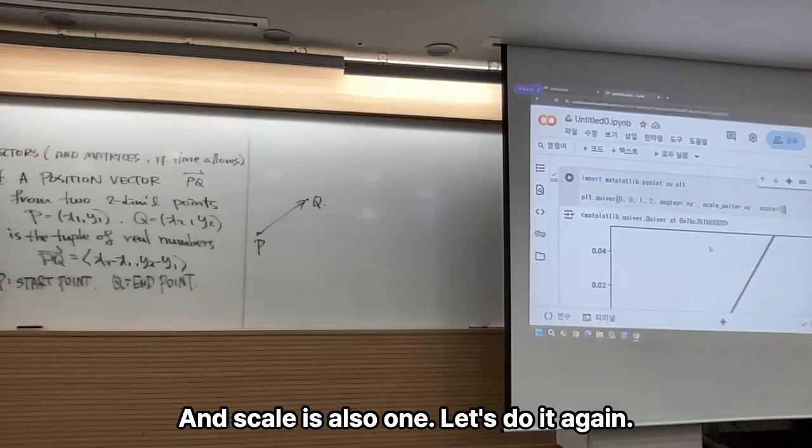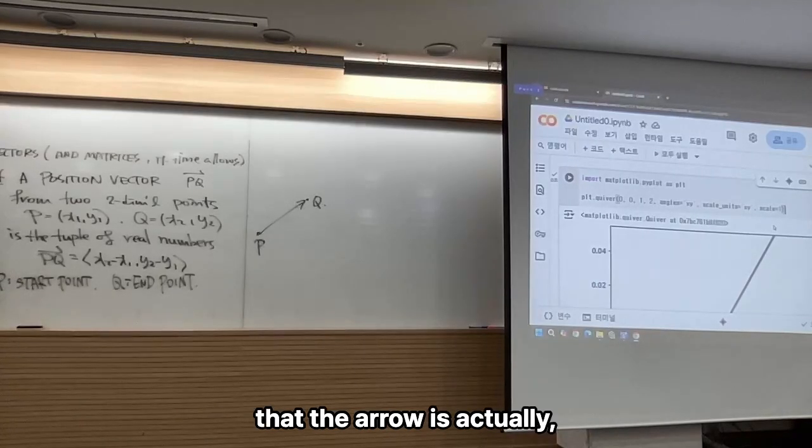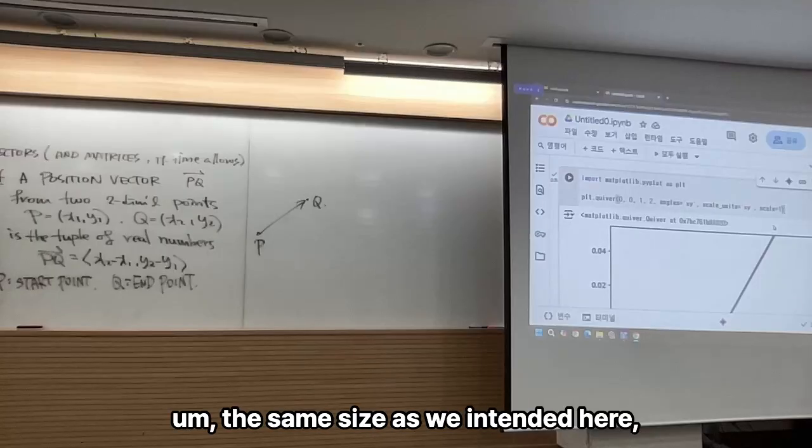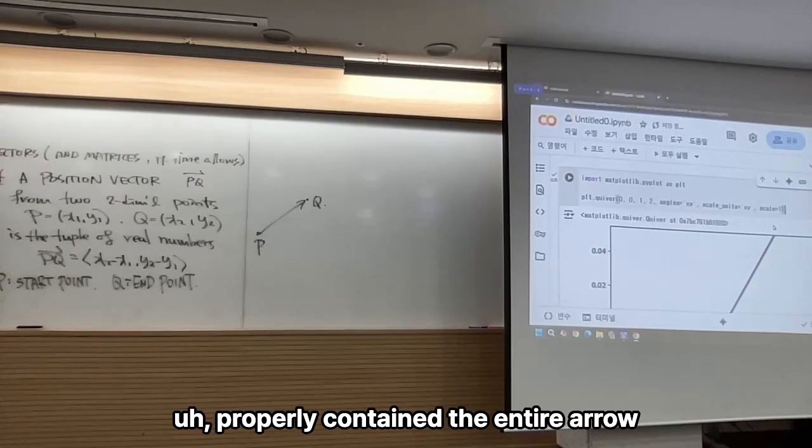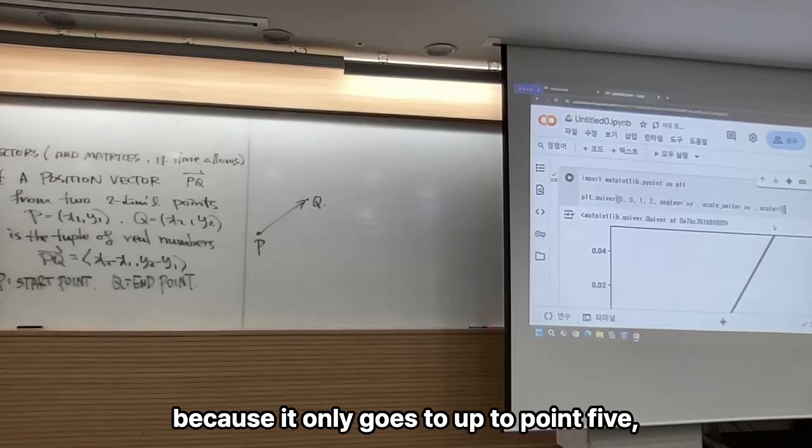Let's do it again. Now you can see that the arrow is actually the same size as we intended, but the screen size does not properly contain the entire arrow because it only goes up to 0.5, 0.5.